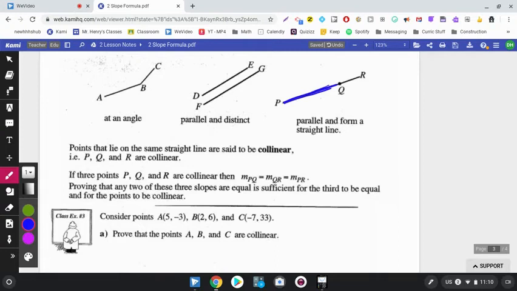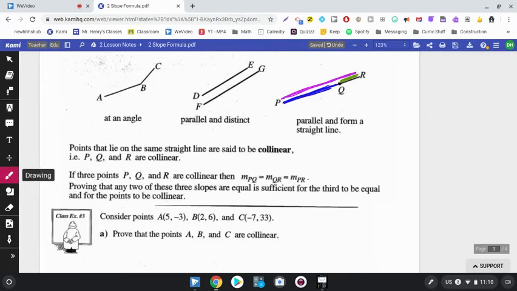Now what about the extension of it? Find the slope of that line. And then I check, what about the whole thing connecting the endpoints? If all 3 of those have the same slope, they are considered collinear, or what we're saying is they're all in the same line.